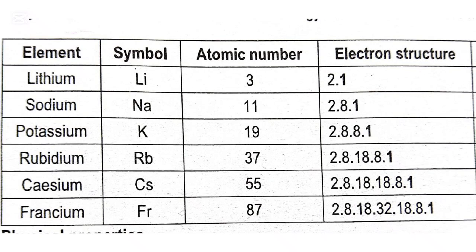Sodium with the symbol Na, atomic number 11, electron structure 2.8.1. Potassium, symbol K, atomic number 19, the electron structure is 2.8.8.1. We have rubidium, cesium, and francium.